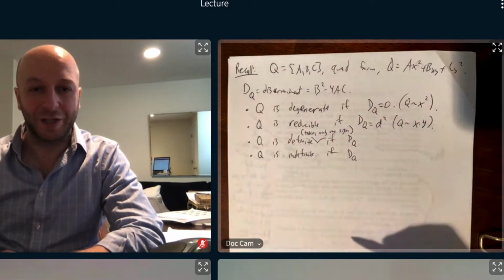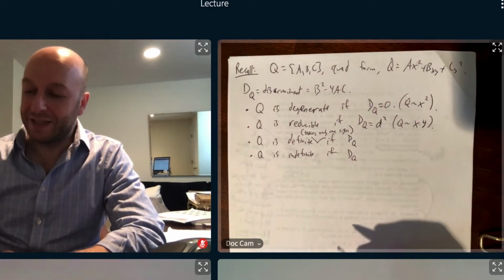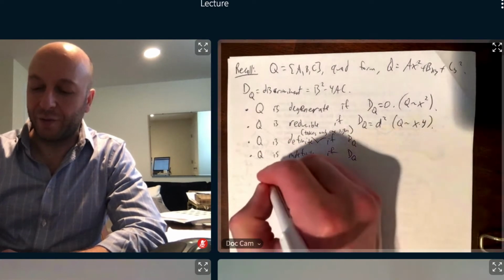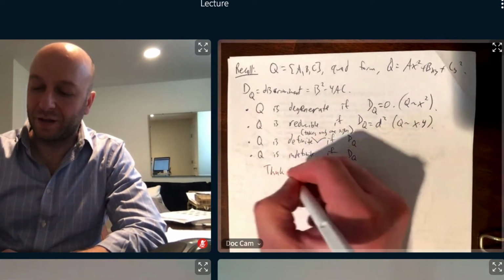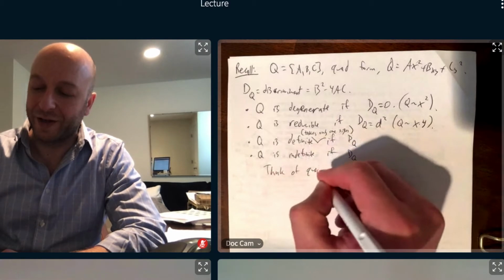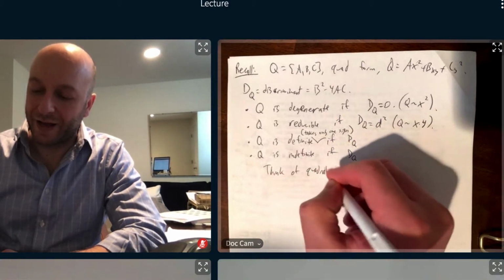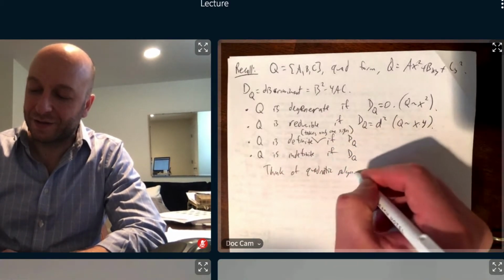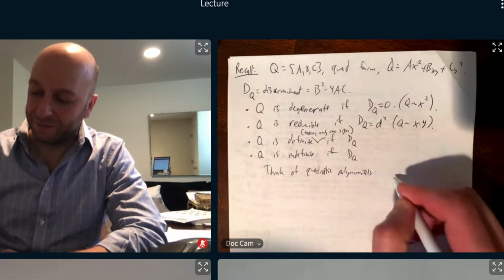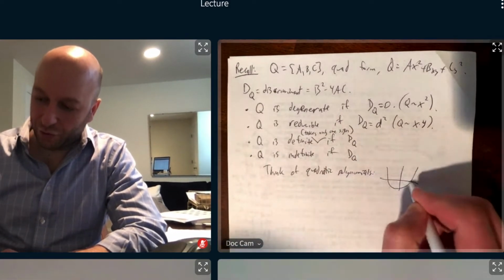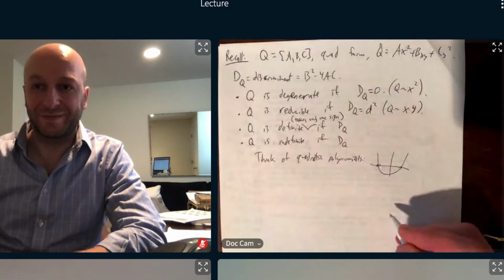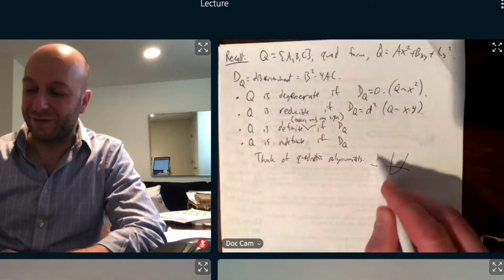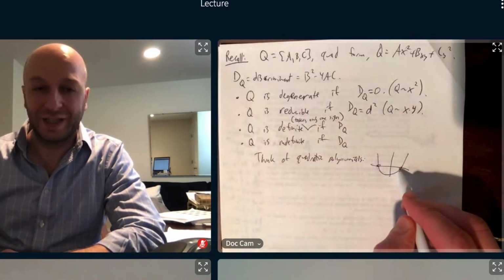So which is which? Think of quadratic polynomials. You have solutions, meaning you cross from positive numbers into negative numbers.